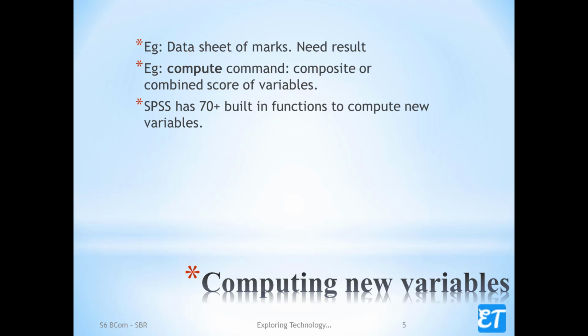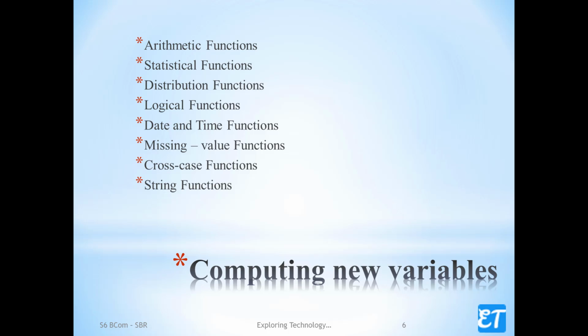Similarly, there are 70 plus built-in functions for computing new variables. Some of them are arithmetic functions, statistical functions, distribution functions, logical functions, date and time functions, missing value functions, cross case functions, and string functions.